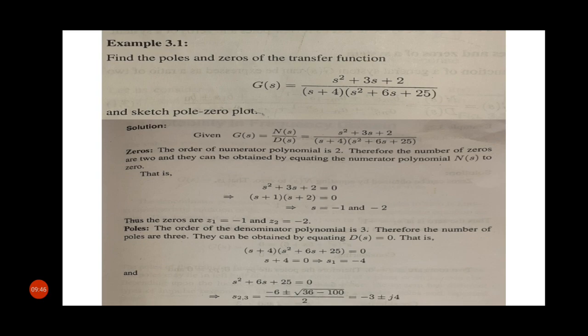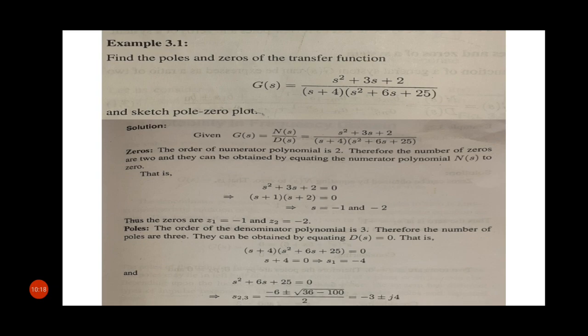The first pole is p1, and p1 is equal to -4, and we have two complex poles. The second pole is p2 equal to -3 + j4, and the third pole is p3 equal to -3 - j4.